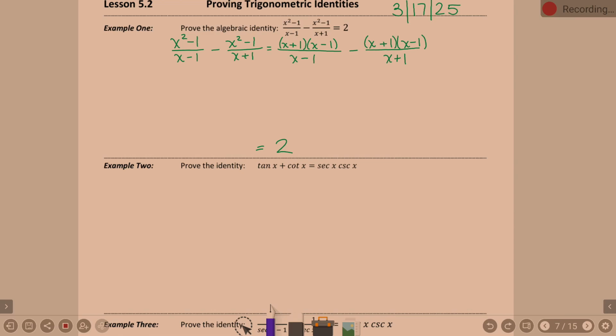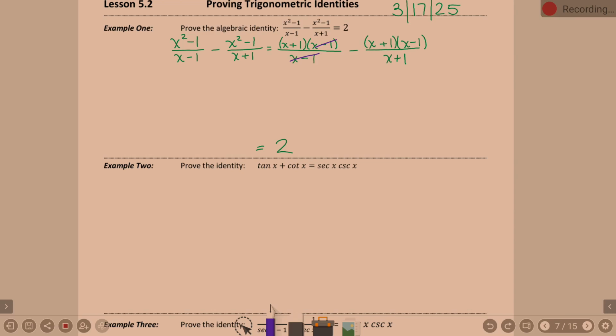What can happen here? Can you cancel stuff out? Can we reduce these fractions and cancel stuff out? Yeah, in the first fraction, what happens? A factor of x minus 1 cancels with a factor of x minus 1, and what remains? X plus 1.